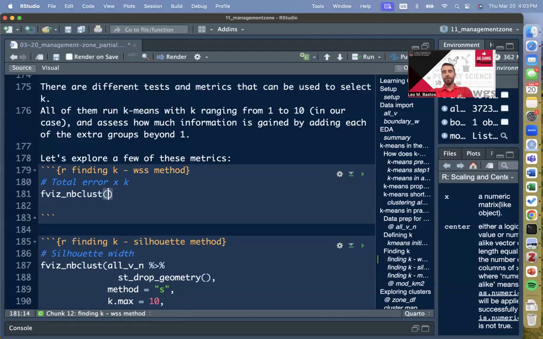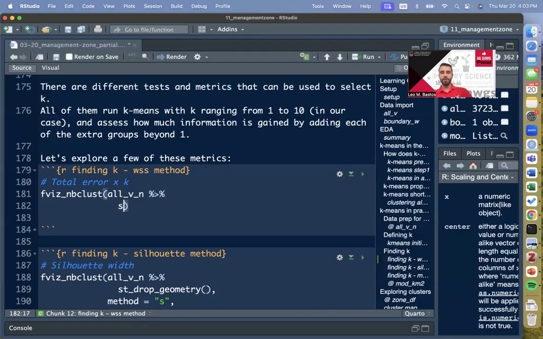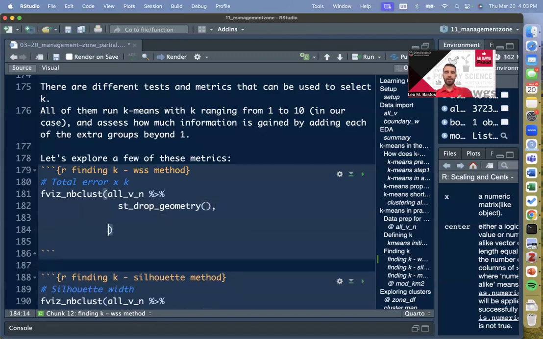But on this function, what it takes first is the data set that we're clustering. That is the all v underscore n. But don't forget to drop geometry, so st_drop_geometry. Then it has an argument for method. We're going to say method equals WSS, which stands for the within sum of the squares method.